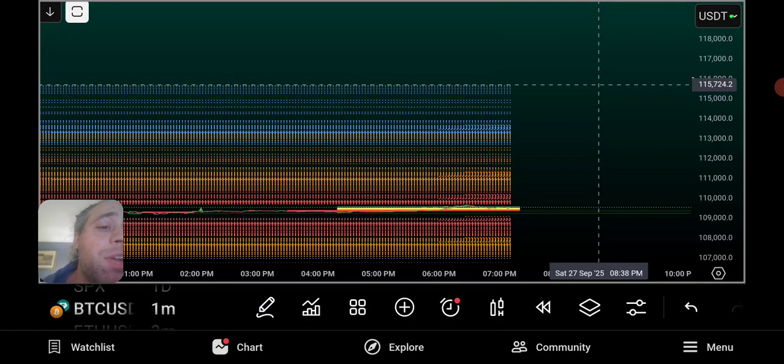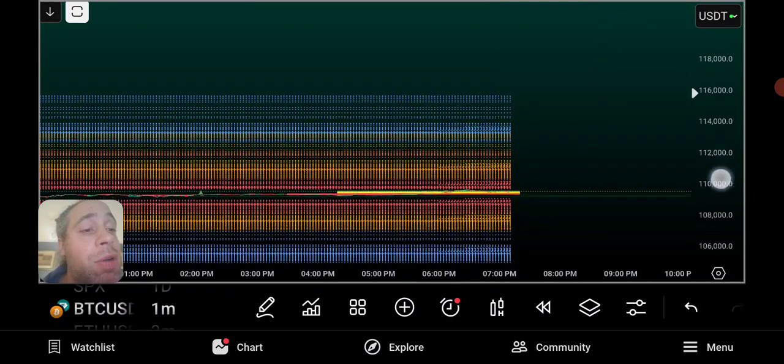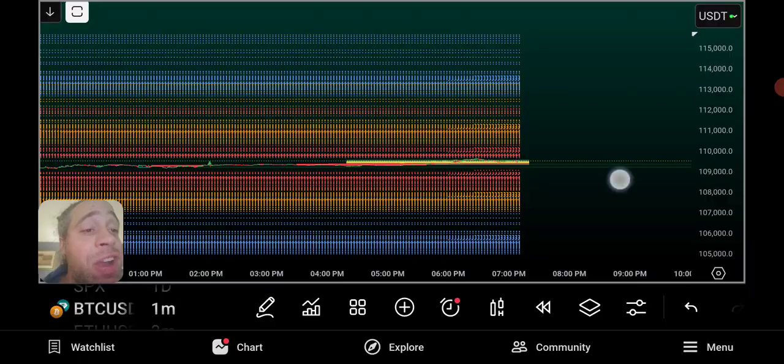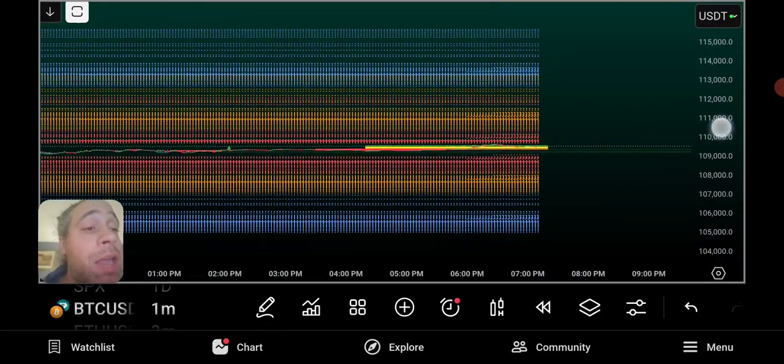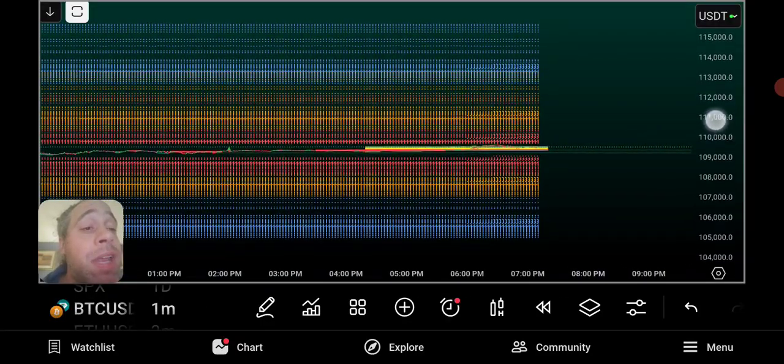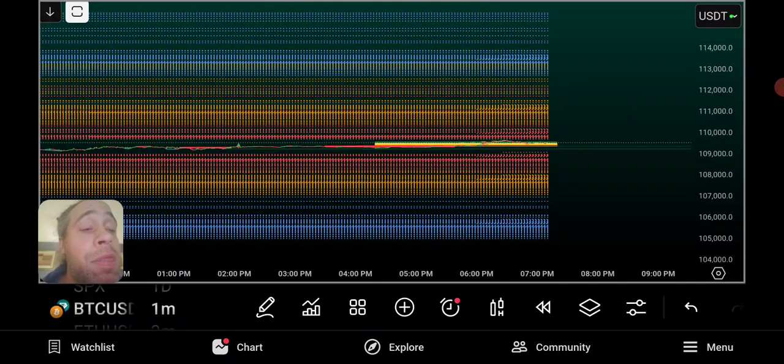I'm calling 115.7. So that is the active range of Bitcoin right now. There are orders outside that range, but the main cluster of orders and liquidations and stop losses is within that range. You understand? It's a $10,000 range right now.